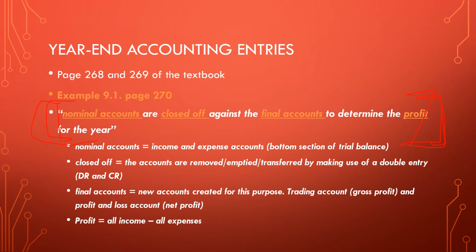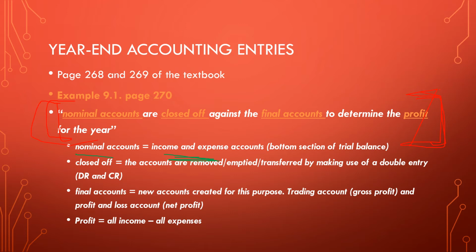Okay, so what does that sentence actually mean? Nominal accounts are referred to as your income and expenses. You should know this from learning units 5 and 4. They are at the bottom of your trial balance. Closed off means we are closing these nominal accounts, removing them, emptying them, transferring them, however you want to understand it.